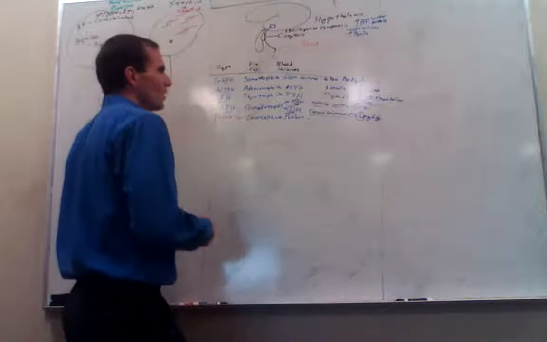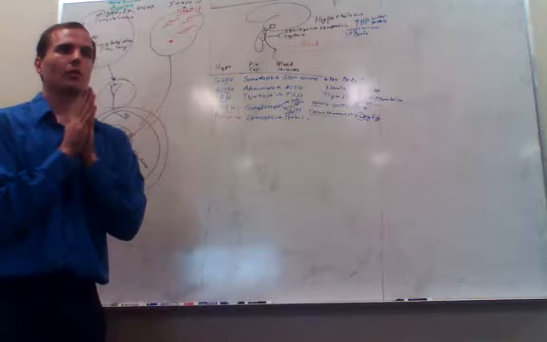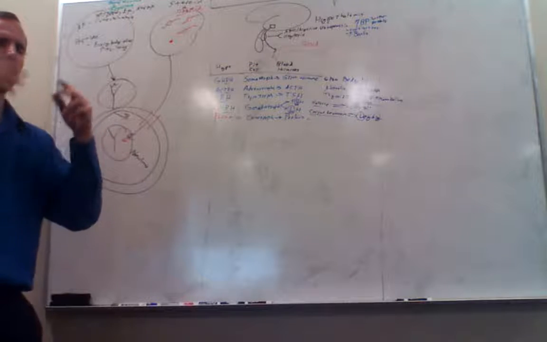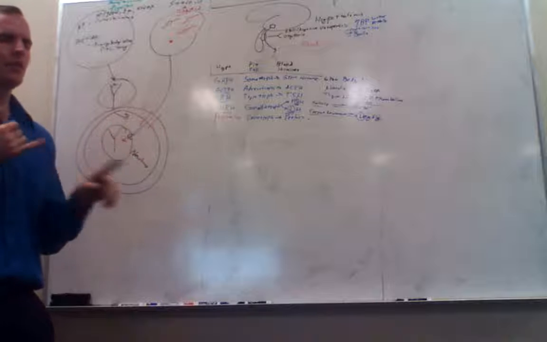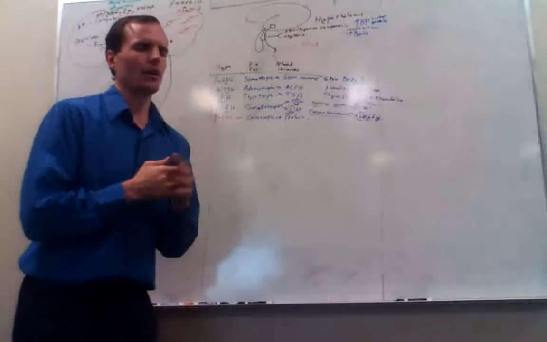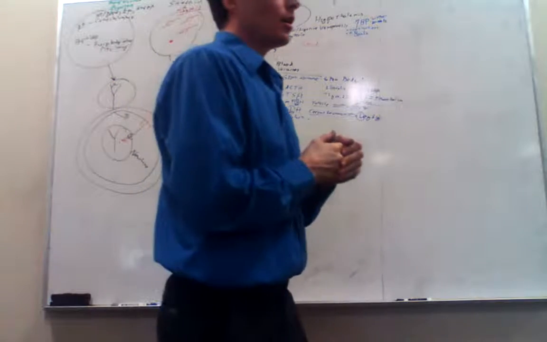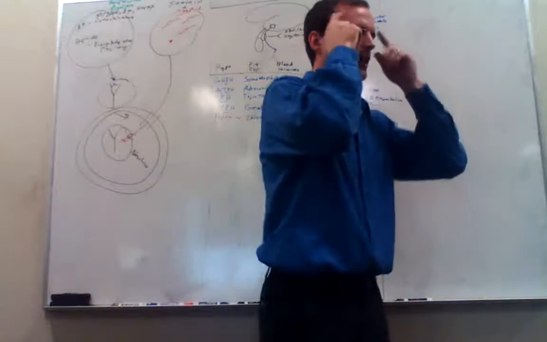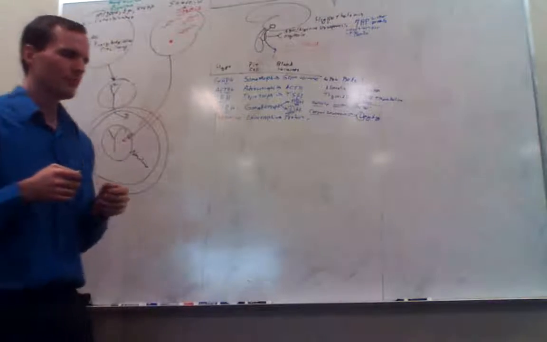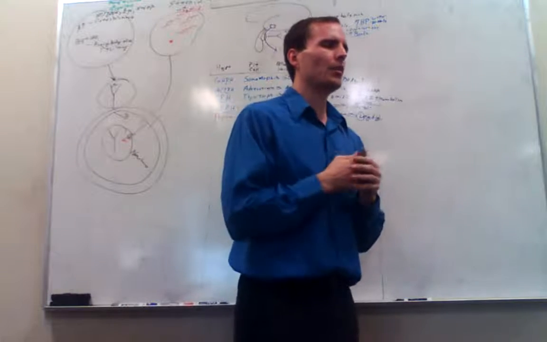All right, when you're done with notes, go ahead and look away from your notes and close your eyes if you want. I'm going to ask you a few questions, see if you can answer them. How many hormones go through the posterior pituitary? And where are those two made?